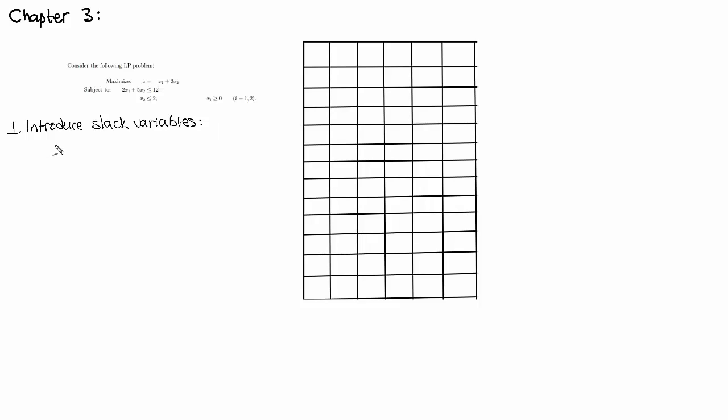And so that will be 2x1 plus 5x2 plus x3, which is our slack variable, equals 12. And then we're going to have x2 plus x4 is equal to 2, where x3 and x4 are the slack variables.